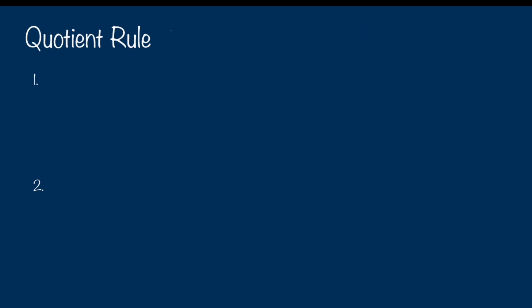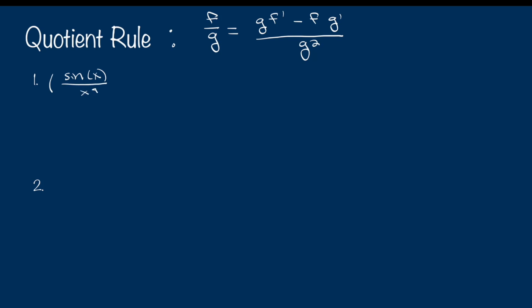Then we have the quotient rule. If you have f over g, that's going to equal g times the derivative of f minus f times the derivative of g, all over g squared. So if we have sine of x over x to the 4th, again we're going to find our f, which is sine of x, and our g, which is x to the 4th.